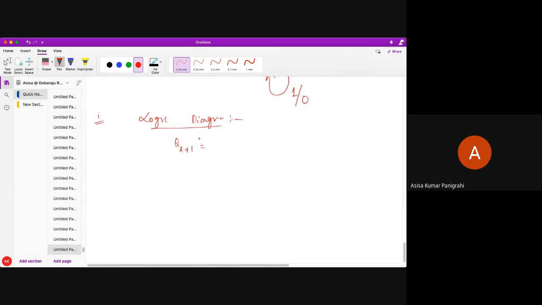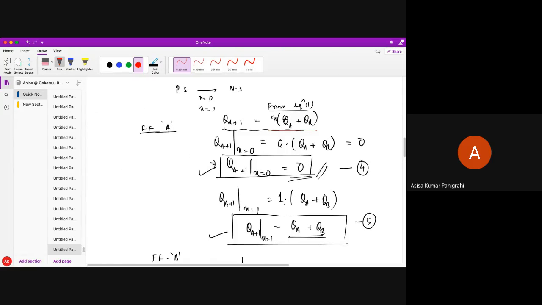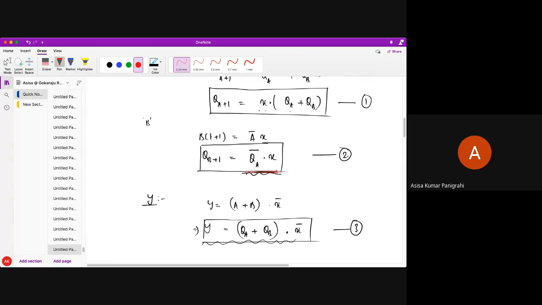So this is nothing else but my DA. And what is my DB? My DB is QB plus 1, which is QA bar X.